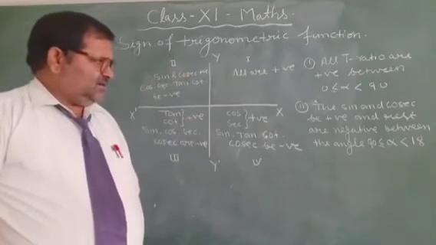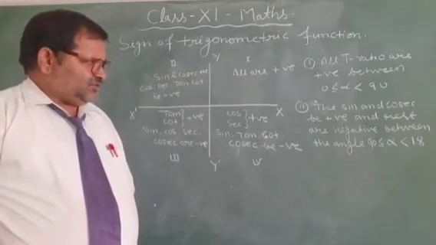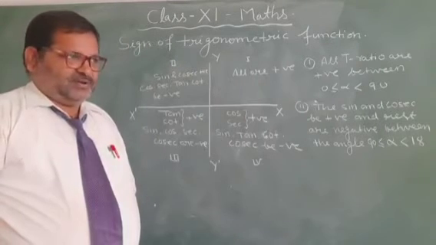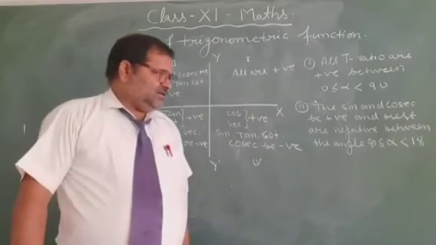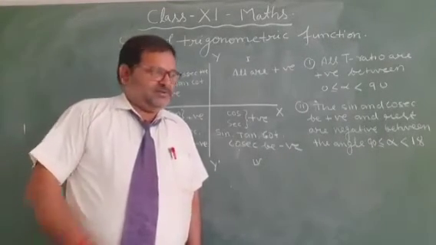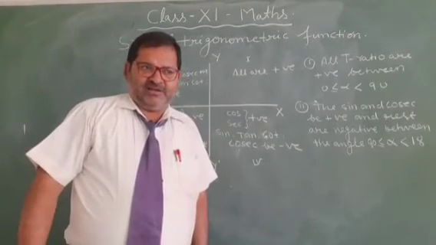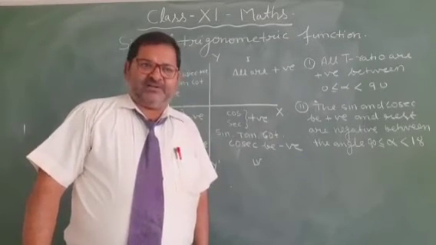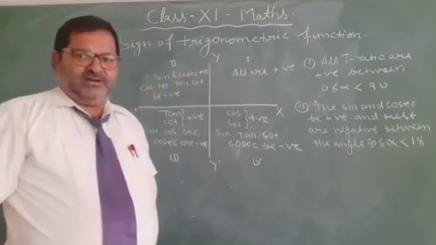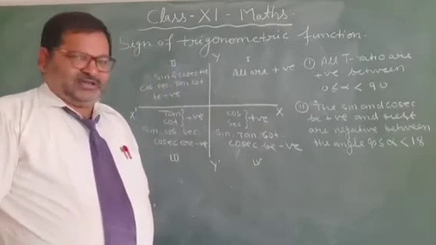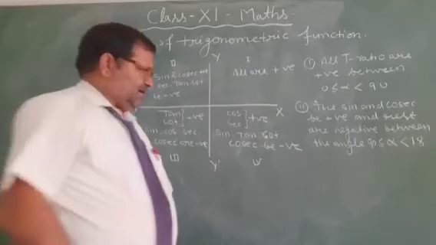The sine and cosec be positive, and the rest are negative. That angle should lie in the second quadrant.